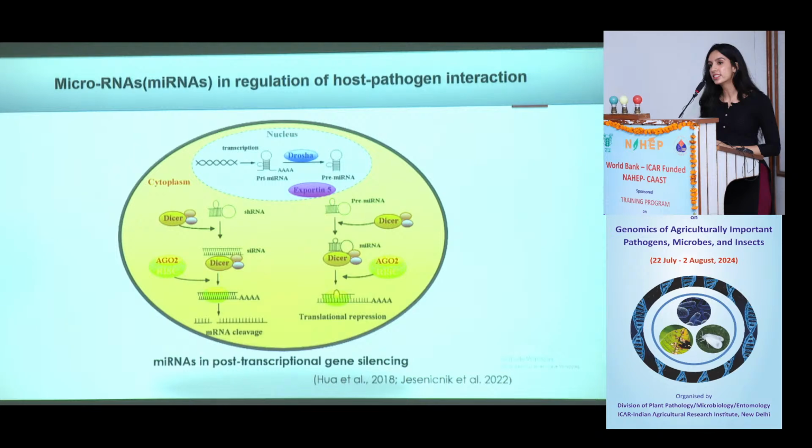That is the characteristic feature of these microRNAs, and they are transported into the cytoplasm. From there, they are again acted on by the dicer enzyme, and they act for post-transcriptional gene silencing or the repression of protein synthesis. So in both ways, siRNAs and miRNAs act in post-transcriptional gene silencing. siRNAs are exogenously synthesized, whereas miRNAs are endogenously synthesized.